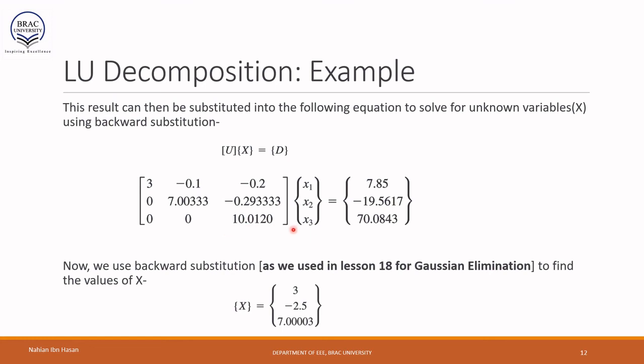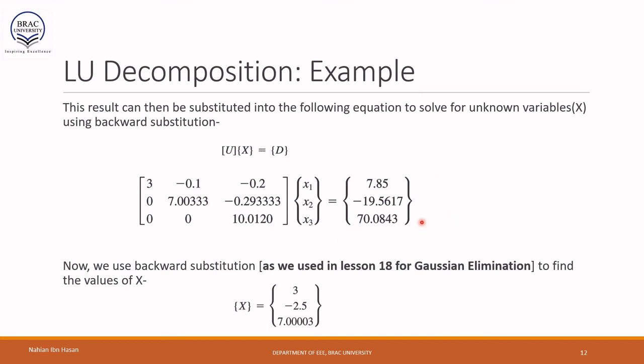In the last equation we can easily get the x3 term. Once we get x3, we can substitute the value in the second equation, from where we can easily get the value of x2. Then we can substitute the values of x2 and x3 into the first equation to find the value of x1. So this is the backward substitution.